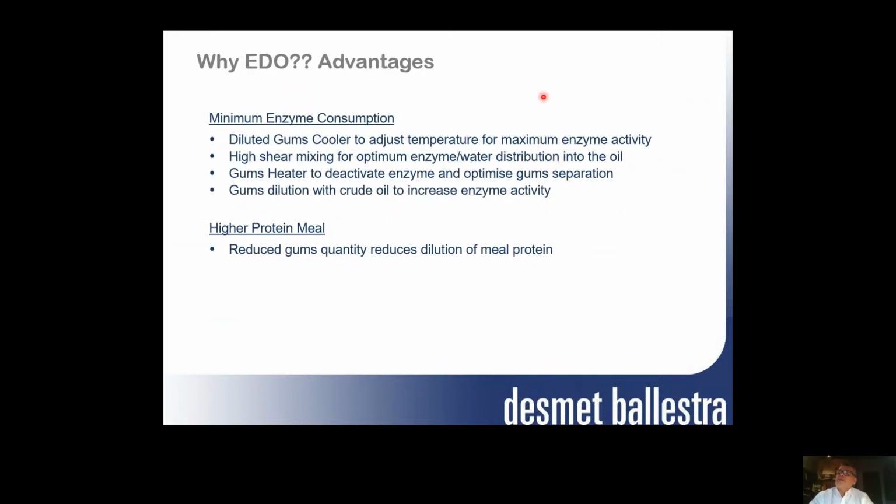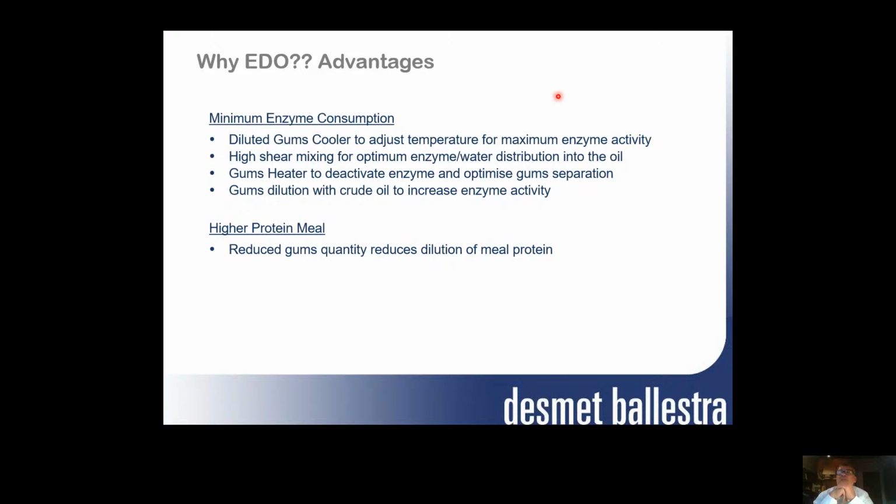What are the advantages, among other than mechanical ones? The minimum enzyme consumption. The diluted gums are cooled to adjust the temperature for maximum enzyme activity. That's very important because the enzyme is the most expensive product in this operation. So it's critical to have a good enzyme activity, so we use all the enzymes we use.